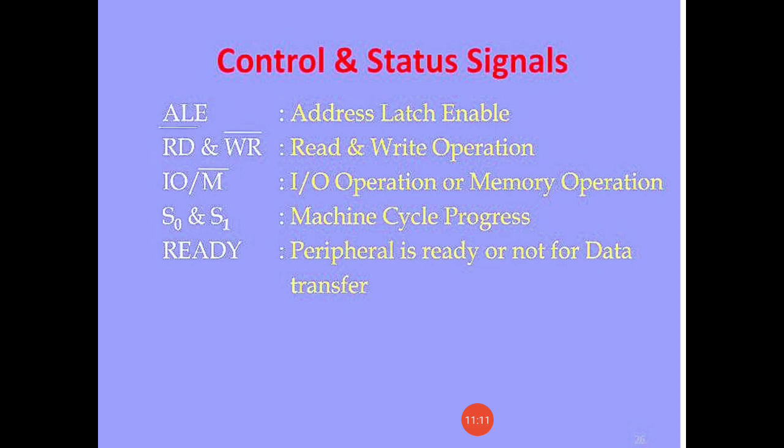And when we have the WR bar signal low, the WR bar pin gets activated and the data gets transferred from the microprocessor to the memory location or input output port, whichever the microprocessor is accessing, through these AD0 to AD7 lines.